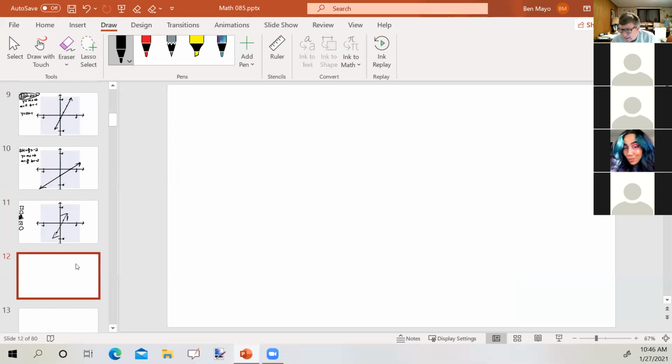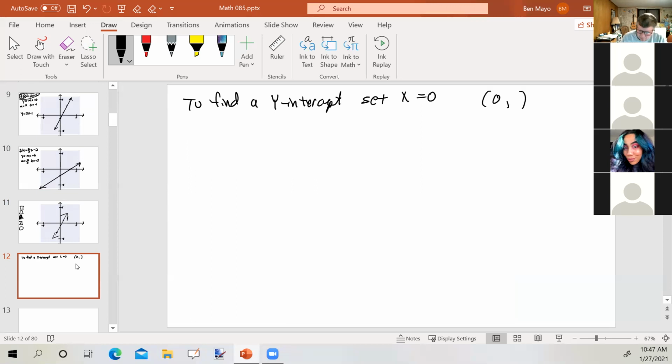The next stuff we're going to look at is kind of a review of chapter 3, which is graphing. There are 10 important ideas that I want to review because we're going to be using many of them in the rest of this section. First of all, to find a y-intercept, set x equal to 0. In other words, complete that ordered pair.